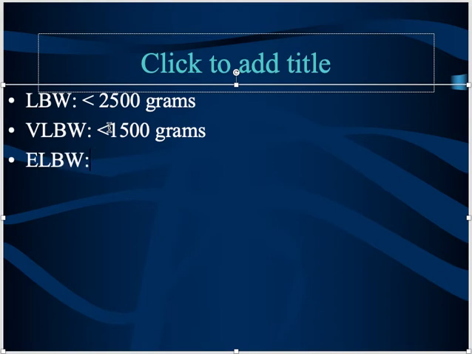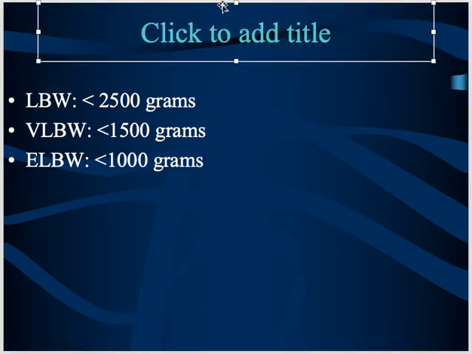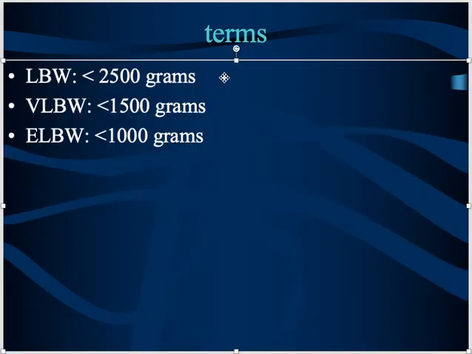These are the newborns whose weight is less than 1 kilogram, or less than 1000 grams. So anyone whose birth weight is less than 2500 grams is low birth weight, less than 1500 grams is very low birth weight, and less than 1000 grams is extremely low birth weight.